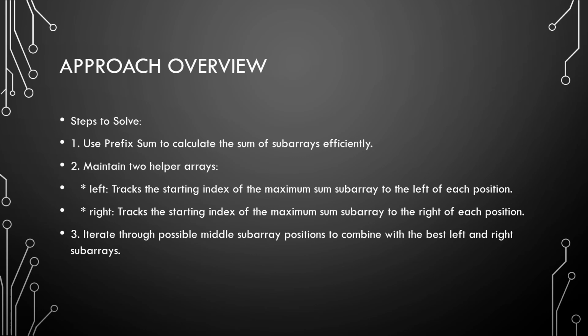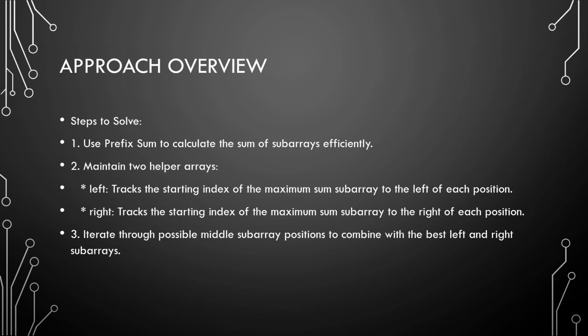To solve this problem, we will use the prefix sum technique to efficiently calculate the sum of any subarray. We will also maintain two helper arrays, the left array and the right array. The left array tracks the index of the maximum sum subarray to the left of each position.